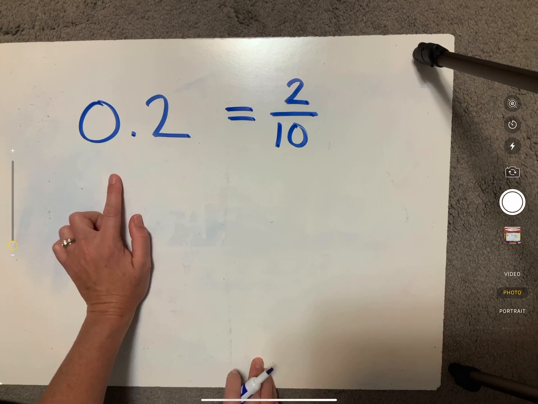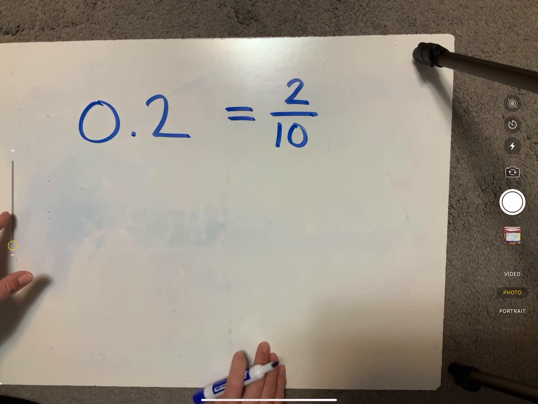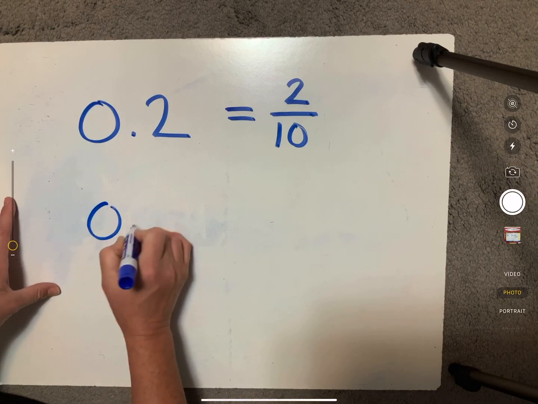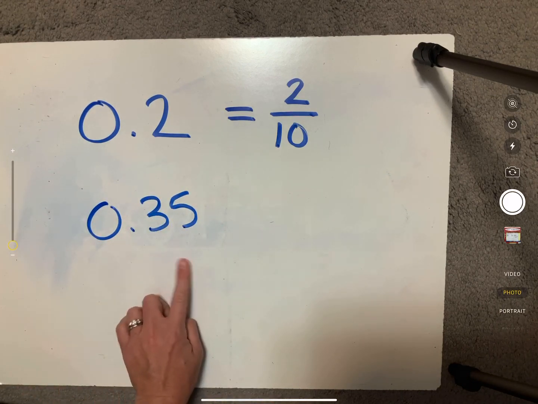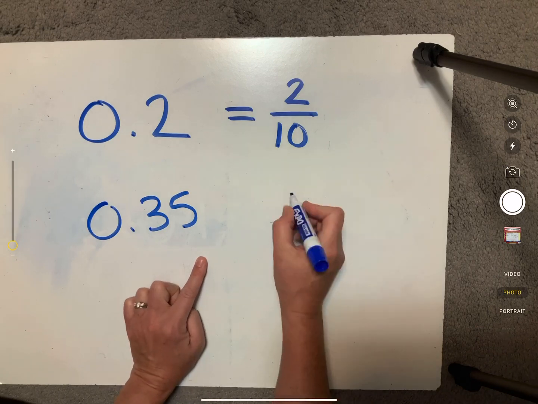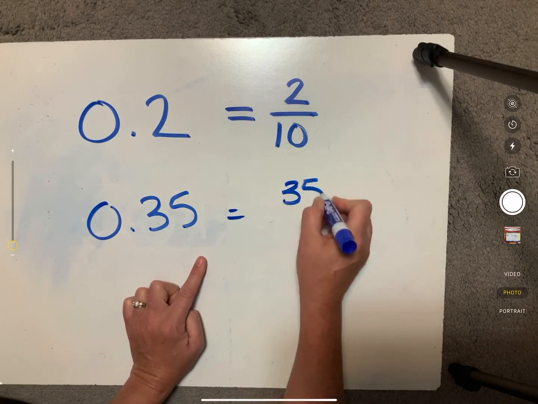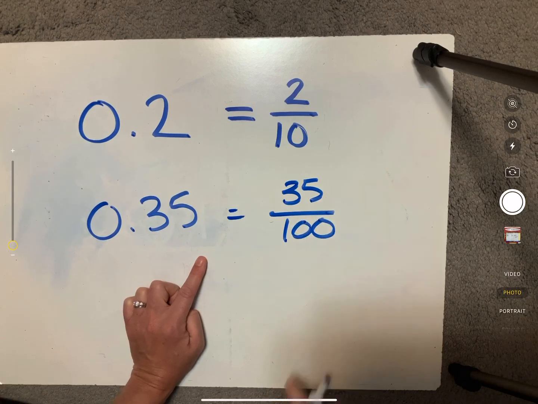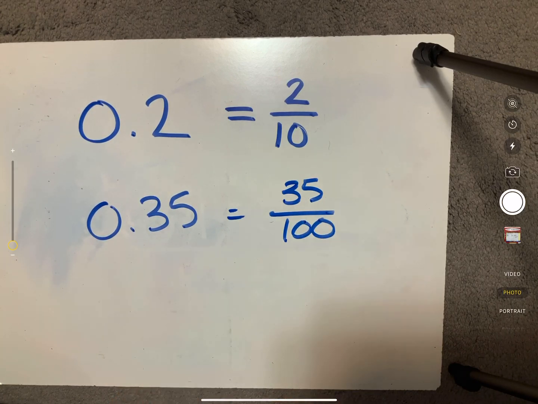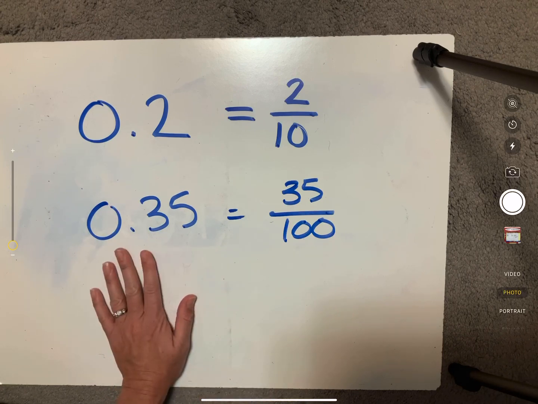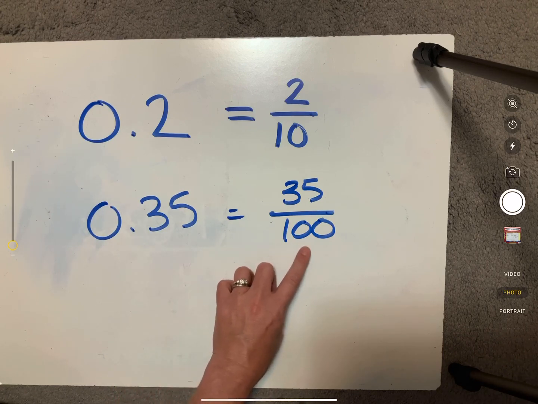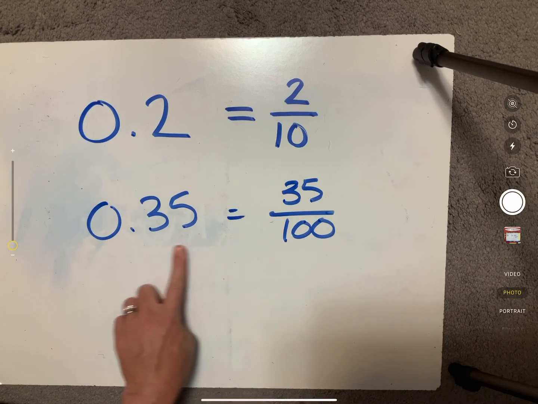Another one, let's say I have this decimal, 35 hundredths would be written this way. So there are some conversions that you need to do like this. They'll give you the fraction, and you have to change it into a decimal.